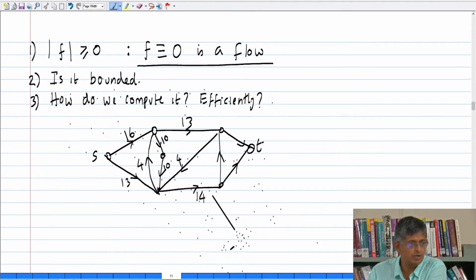This is the flow network that we will try to keep as a running example. What you see are the nodes and the edges. The edges are oriented. Every edge has a capacity.